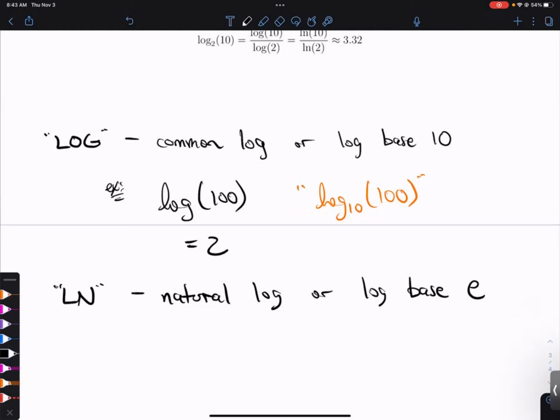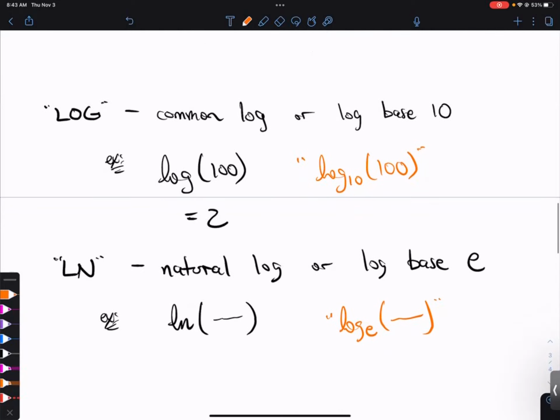Because of that, it gets its own special name. That's the ln, the natural log, or the log base e. So if I write ln of whatever, that means the log base e of whatever that thing is.